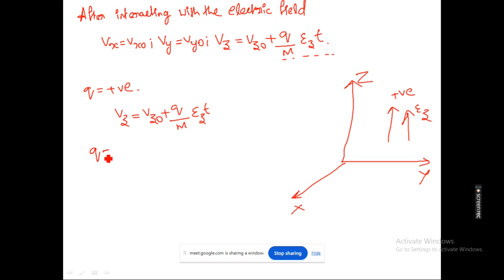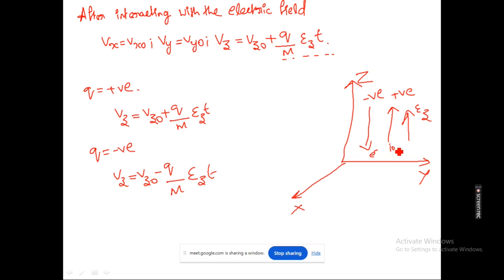Whereas when q is negative, it will be Vz0 minus q by m Ez into t, so it will be moving in the opposite direction. So the ions will move like this and the electrons will move like this.